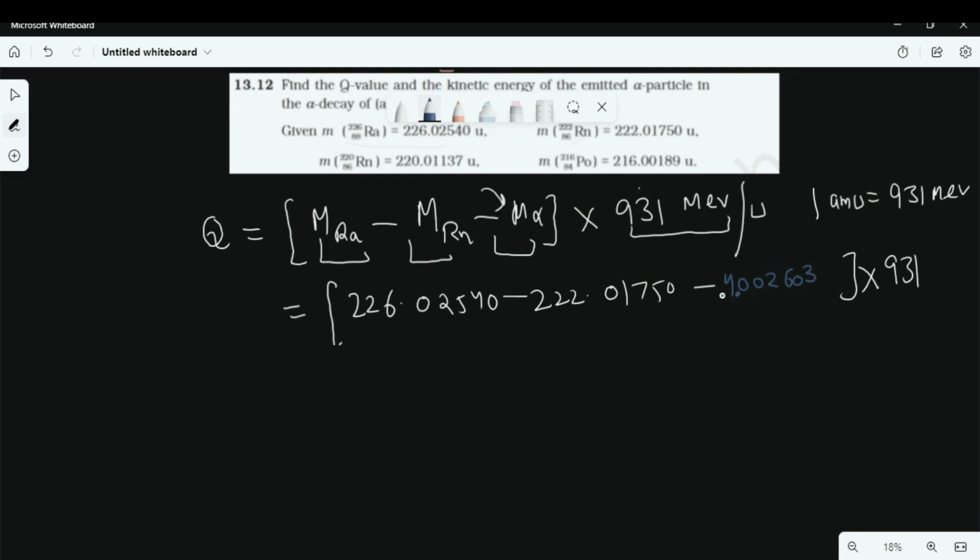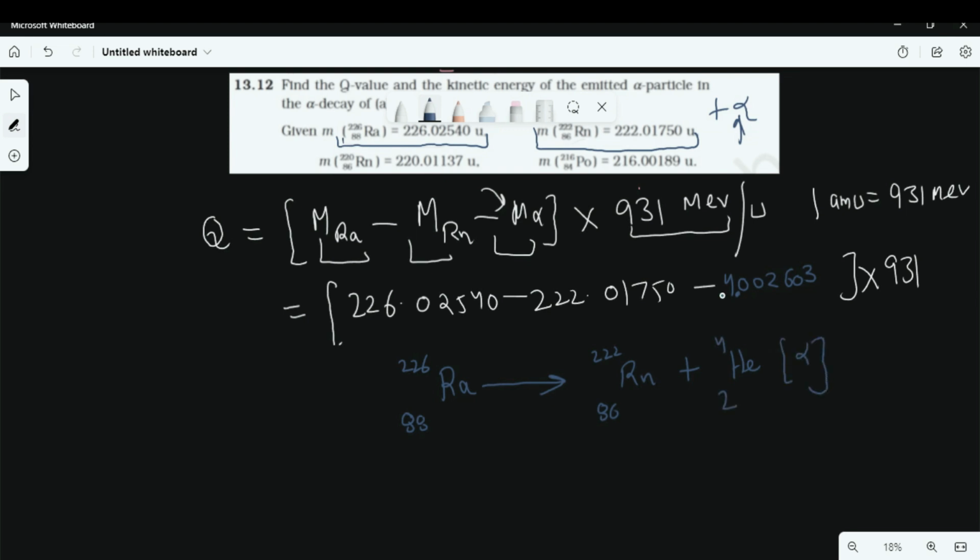So what we have used so far is this is the parent nucleus, this is the daughter nucleus, and of course alpha decay has happened. The equation looks like Ra 226, 88, decays to Rn 222, 86, plus the alpha particle, which is helium 4, 2. It's a charged alpha.